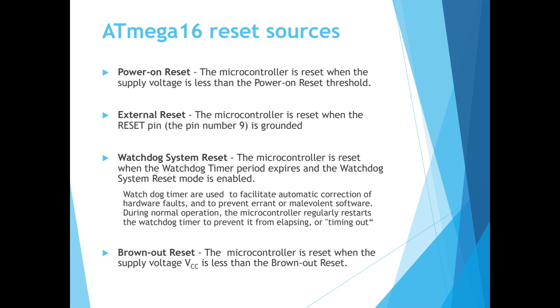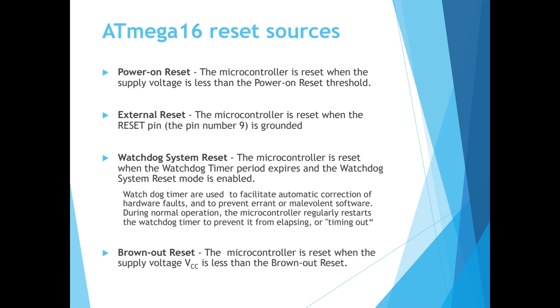Another reset source is a watchdog system reset. The microcontroller is reset when the watchdog timer period expires and watchdog system reset mode is enabled. Watchdog timers are used to facilitate automatic correction of hardware faults and to prevent errant and malevolent software.